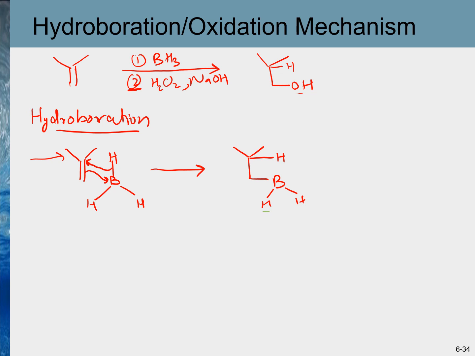Now as we can see, we have two more B and H bonds, so this step will be repeated two more times. And we will end up getting a tri-substituted boron. So in tri-substituted boron, it would look something like this product.